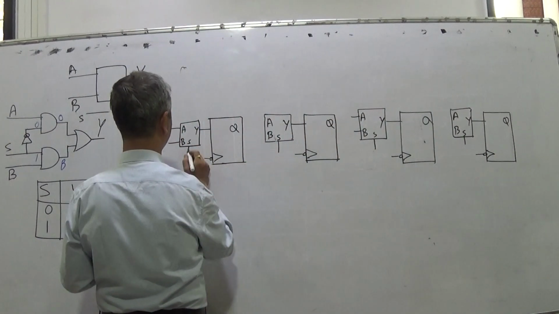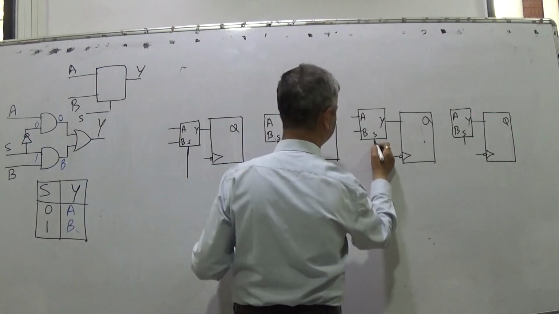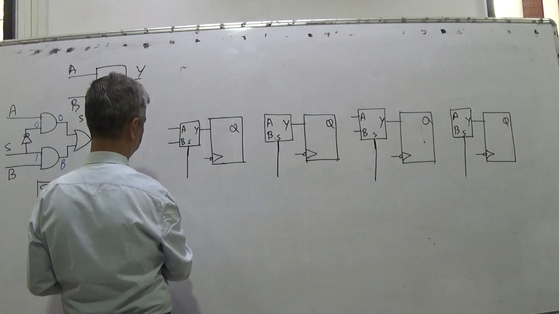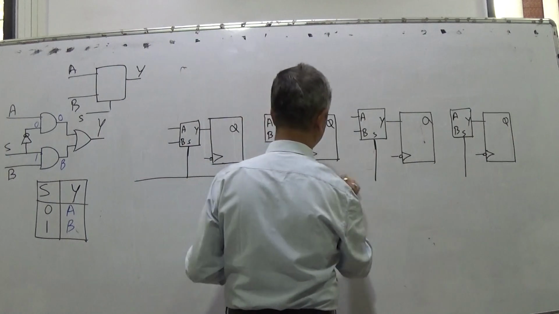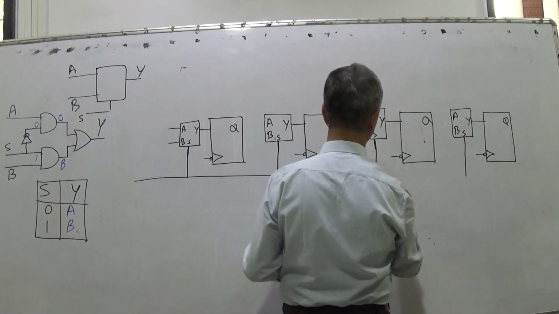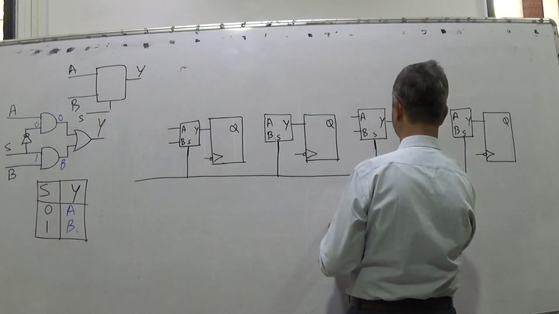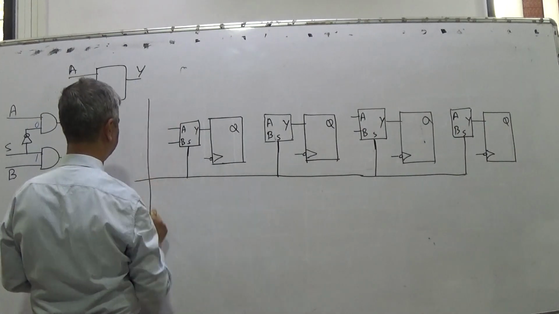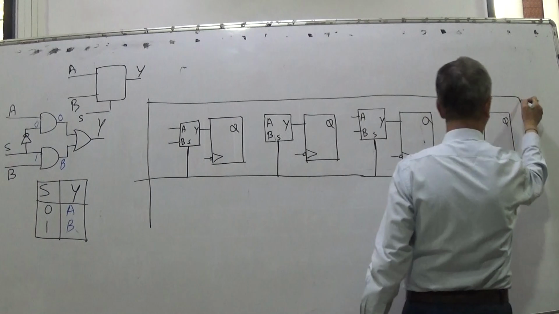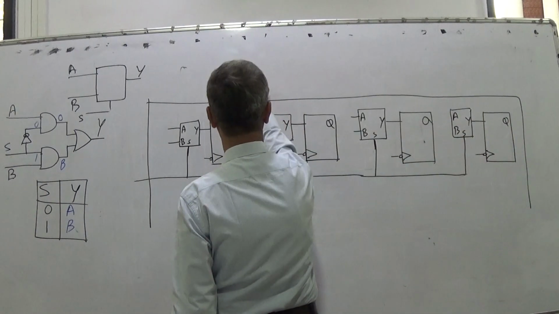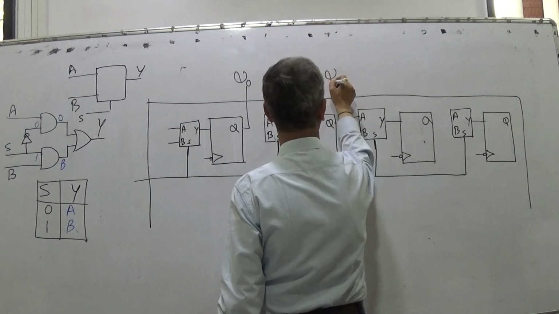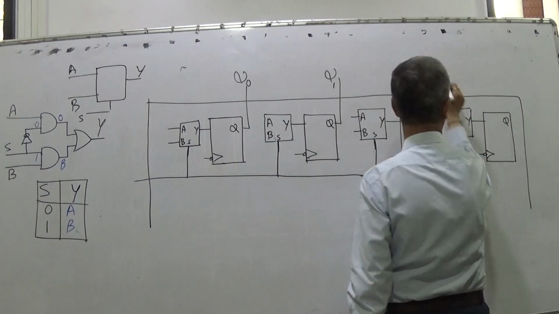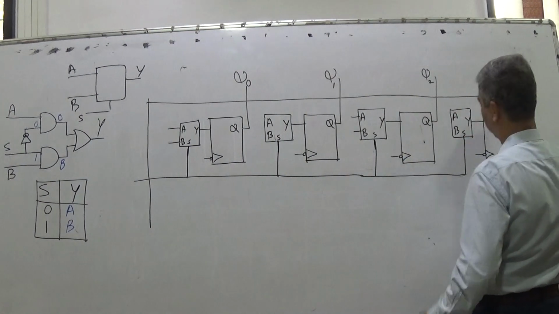So now this is coming as Q0, Q1, Q2, Q3.